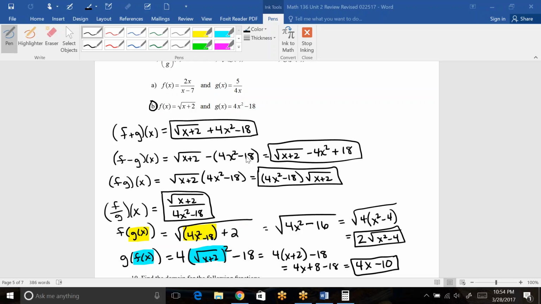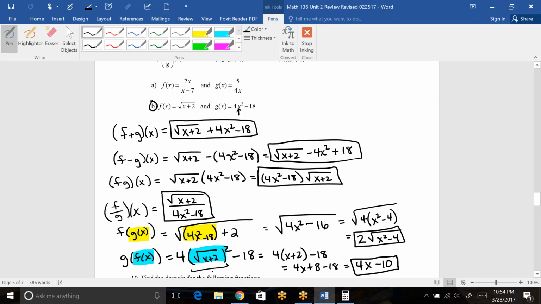Which part? Which x squared part, Lexi? Okay, so this guy right here was the x part. When you do a composition, that x that was in the original becomes a blank. So that blank right there was still being squared.